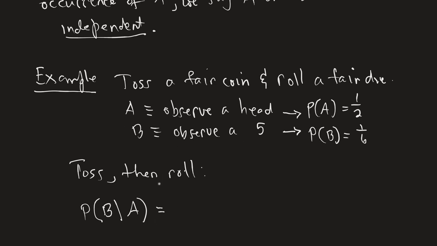So again, just thinking it through that way, we realize that it doesn't really matter what happens on the toss. The probability of B occurring is still 1/6, which is exactly the probability of B itself. So the likelihood of B is unaffected by the occurrence of A, right?